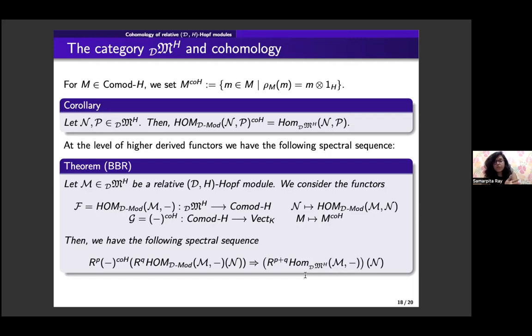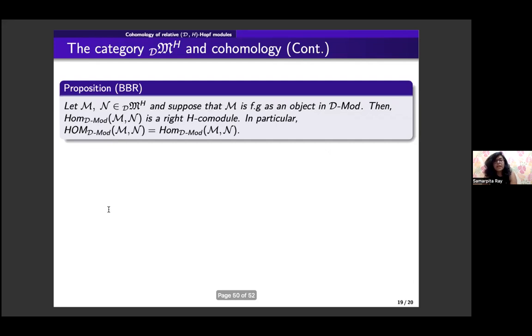Now, to end the talk, I give a condition where this internal Hom is actually the real Hom of the category. Suppose your M is finitely generated as an object in the D modules. Then the original Hom in the category does have an H comodule structure. That means it has to be equal to the capital Hom that we defined, because capital Hom was the largest possible submodule with an H comodule structure in the original Hom.